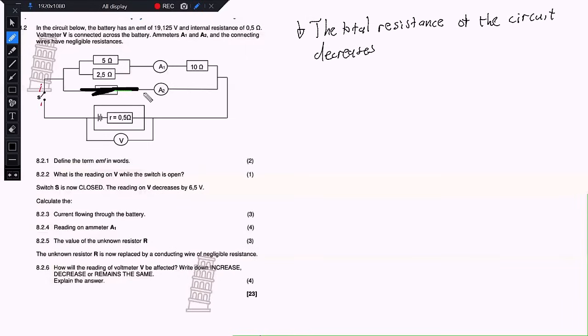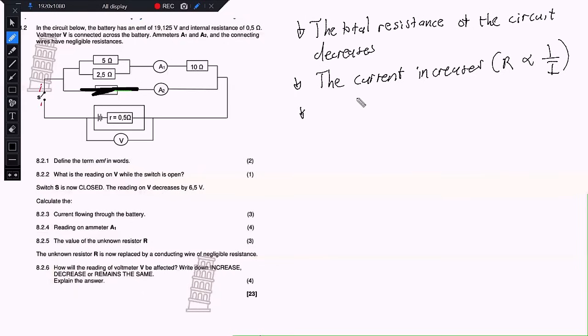So if you are removing that, the total resistance of the circuit decreases. Now, the current increases because we know our relationship of R is inversely proportional to current. So if the total resistance decreases, the current increases.